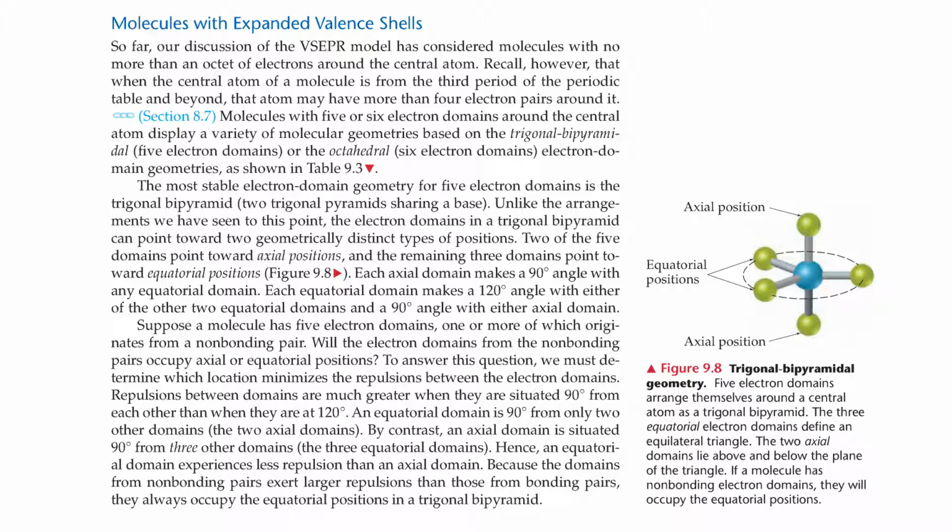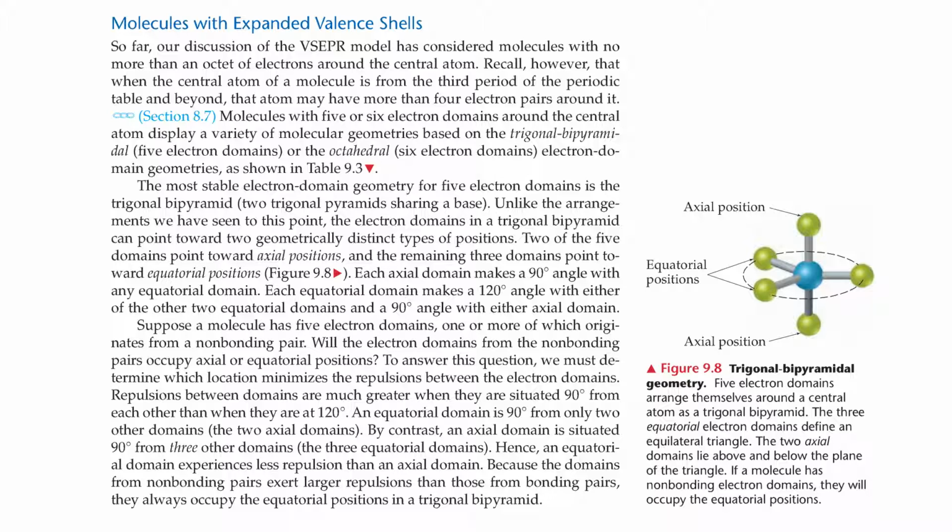Suppose a molecule has 5 electron domains, one of which originates from a non-bonding pair. Will the electron domain from the non-bonding pair occupy an axial or equatorial position? To answer this question, we must determine which location minimizes the repulsions between electron domains. Repulsions between domains are much greater when they are situated 90 degrees from each other than when they are 120 degrees.